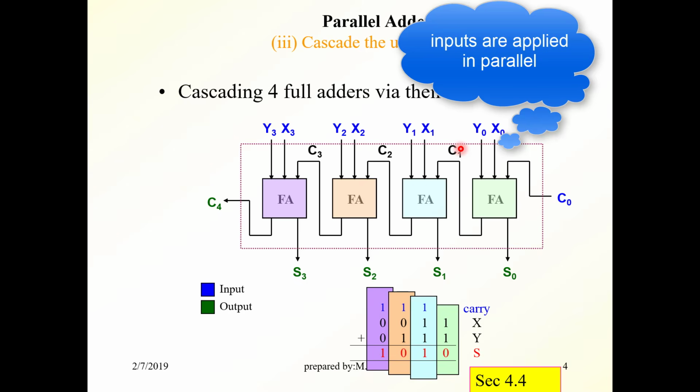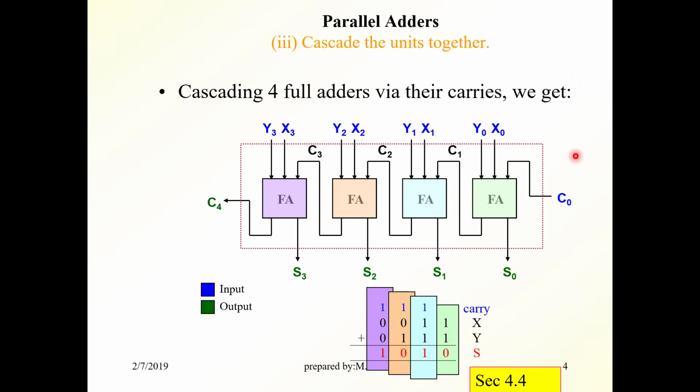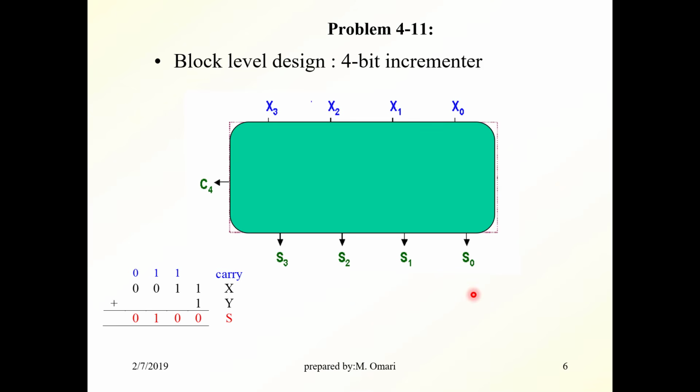That's why it's called a parallel adder, because it adds all the bits together in parallel. This is also called a ripple carry adder because of the propagation of the carry from one full adder to the other. Let's do another example using the block level design method to design a 4-bit incrementer.